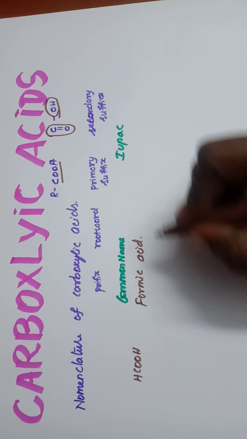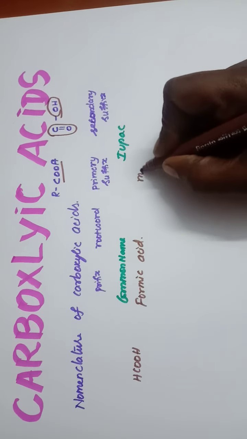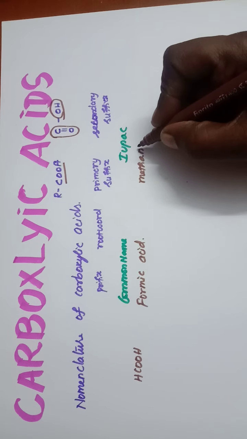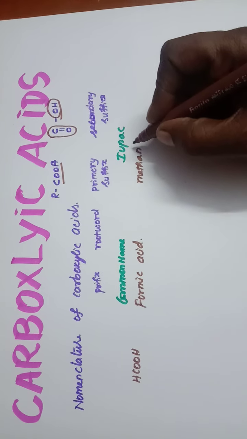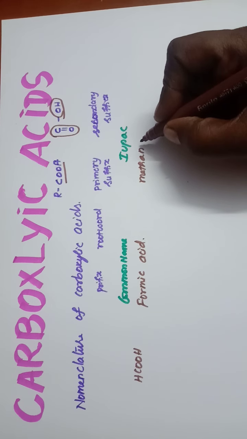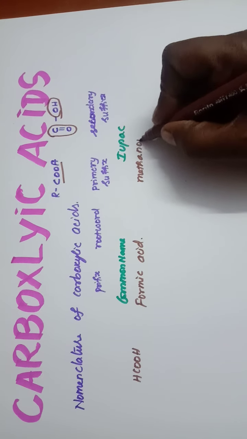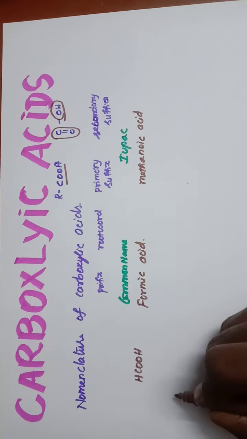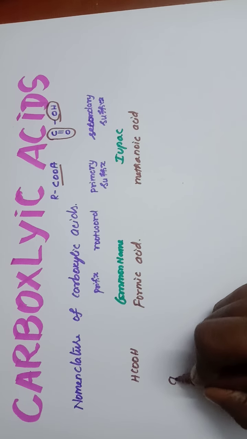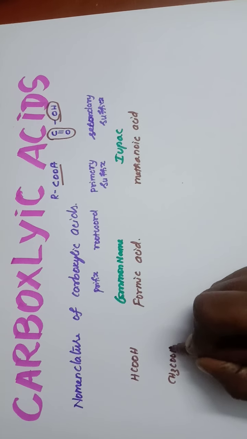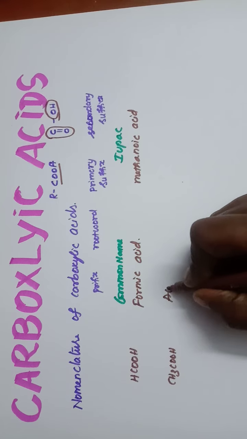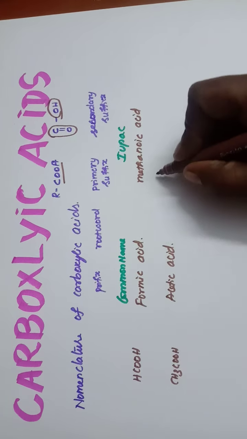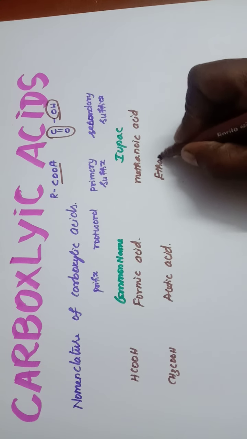IUPAC name: only one carbon is present, so methane. From the parent name, the E is removed, then we have to add OIC, oic acid. So methanoic acid. Second one is CH3COOH. Common name is acetic acid and two carbons are present, so IUPAC name is ethanoic acid.